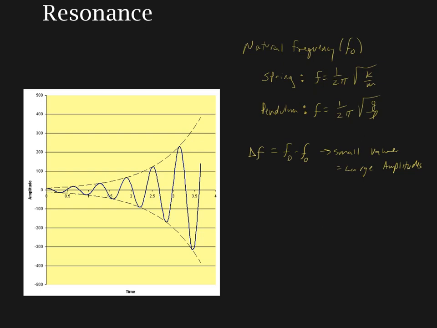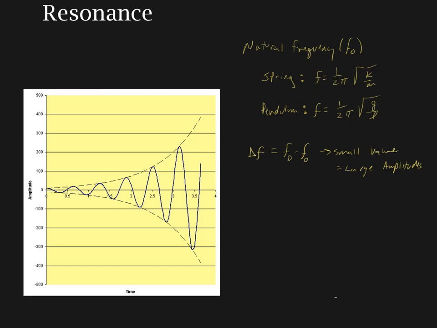And the bigger that difference is, the smaller the amplitude is going to be. This is an example of a forced vibration, and there are many other examples that we see in real life.